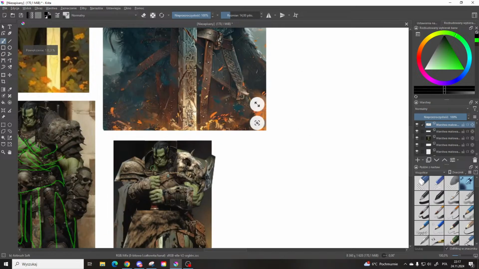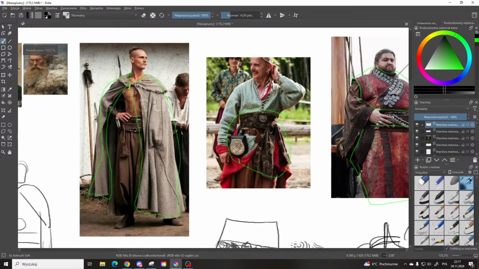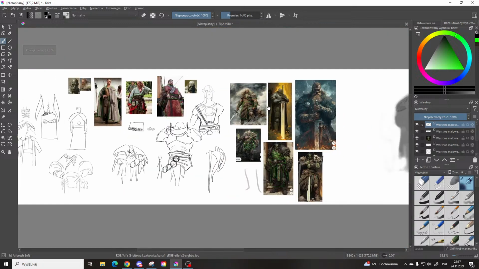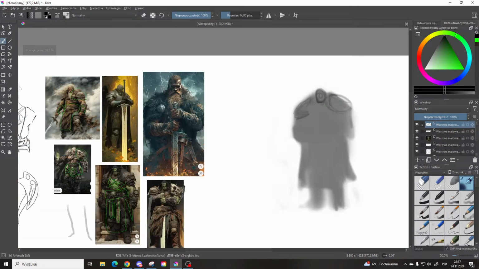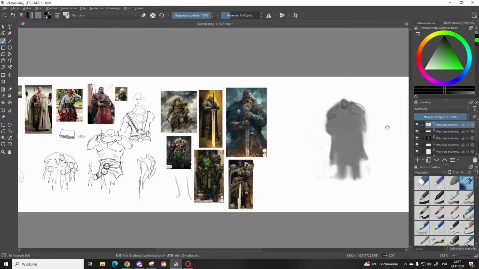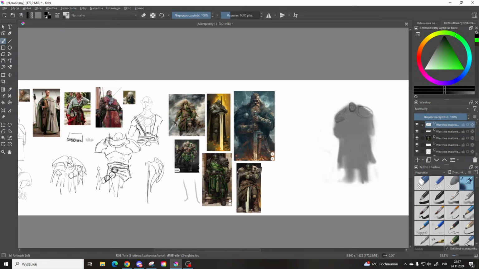I think I prefer to have this over this, but maybe I will still keep the skull on the shoulder. So let's say I'm gonna use this kind of cape on him.